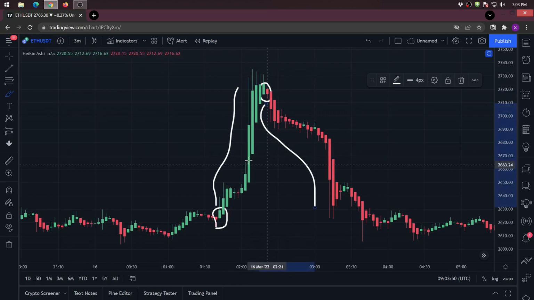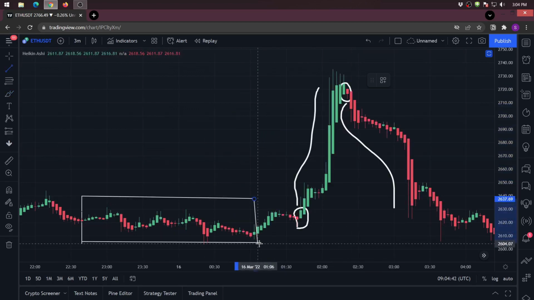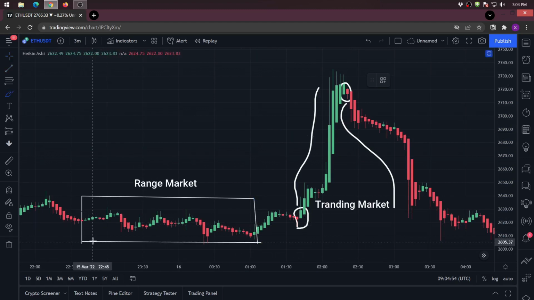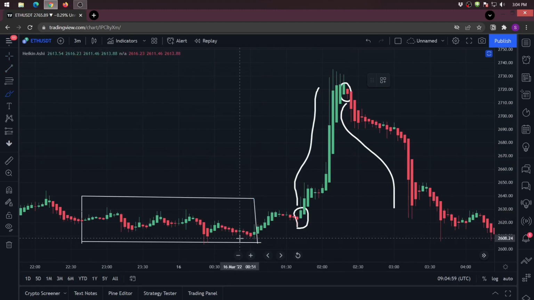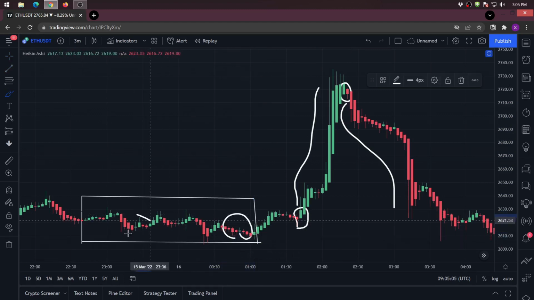But this strategy only works in a trending market, and the horrible thing is that the market stays trending only 30% of the time and ranging 70% of the time. Trading in a ranging market is very risky, because in a ranging market the Heikin Ashi candles give many false signals, so you have a chance of some losses.